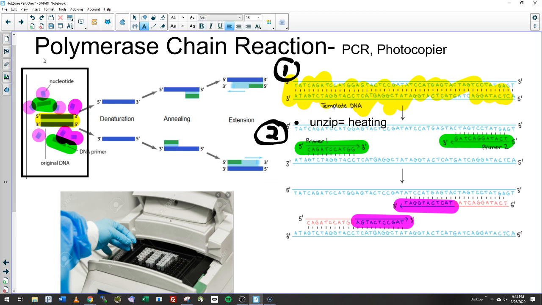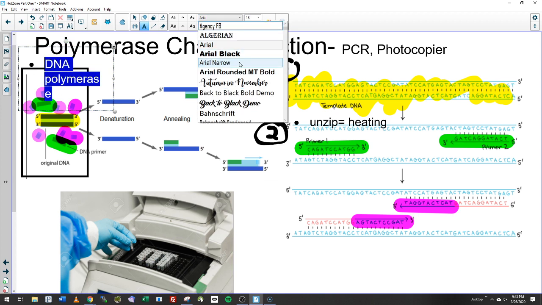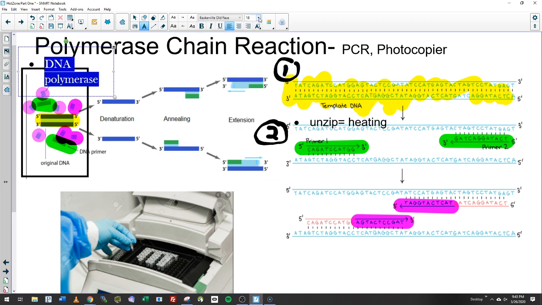And there is one other piece of material that's not in this picture, and that's the reason why I brought both of these pictures in. We also need a special DNA polymerase. This DNA polymerase is a very, very specific one that is capable of working at ridiculously hot temperatures like 60, 70 degrees Celsius, and it is called Taq polymerase.